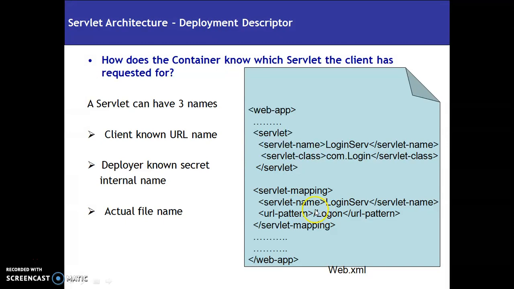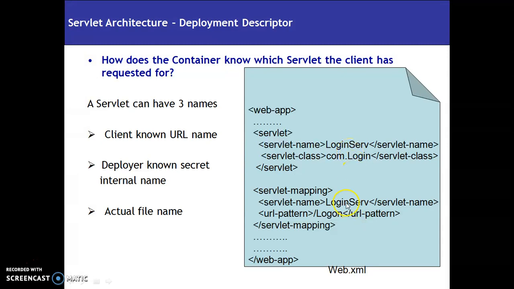So once the servlet name is available, it is going to map which is the corresponding servlet associated with that. So again, it is going to verify the servlet name. The servlet name should be the same as the servlet name inside the servlet mapping.